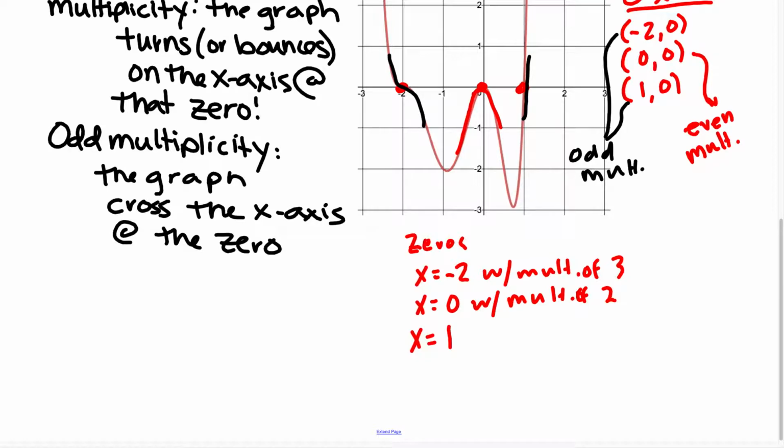So think about this in terms of bringing it all together. You have 3 zeros of -2, 2 zeros of 0, and 1 zero of 1, for a total of 6 zeros. Would that make sense with your graph, that your degree be 6?